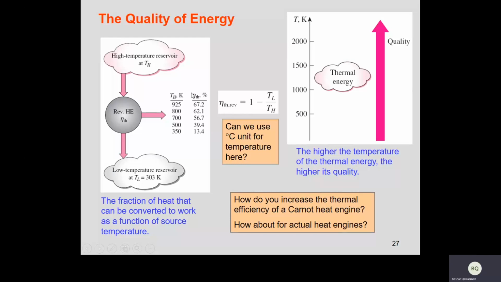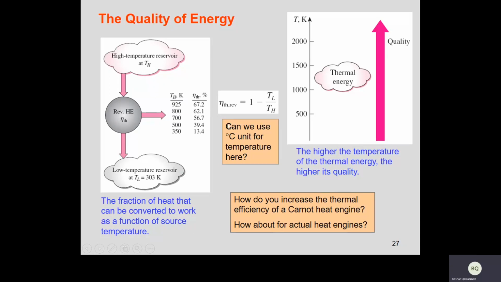The quality of energy. We talked about how the second law of thermodynamics gives us an indication about the quality of energy as well as the quantity, compared with the first law of thermodynamics. If we check this reversible heat engine and its high temperature reservoir, we can see that as we increase the high temperature, T sub H, the efficiency of the reversible heat engine will increase.